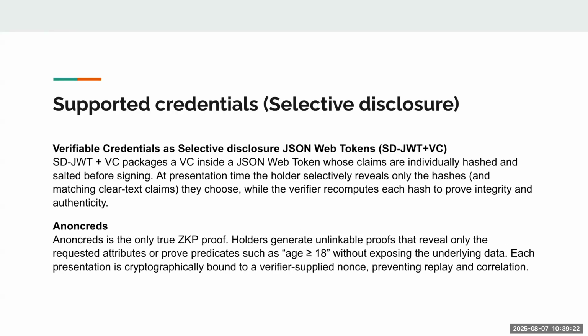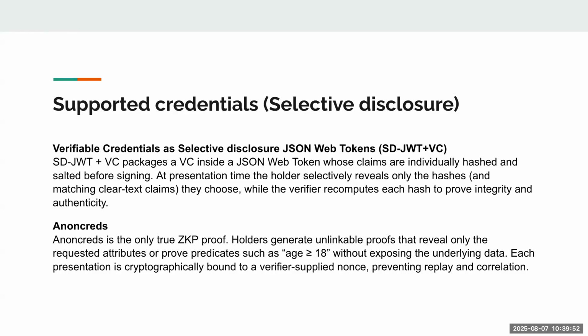We also support selective disclosure credentials. That is the case of SD-JWT. These are more special credentials because when a verifier asks you for, for example, your birthday, and you have a credential that has your name, your birthday, and so on, you can present the credential to the verifier with just your birthday.